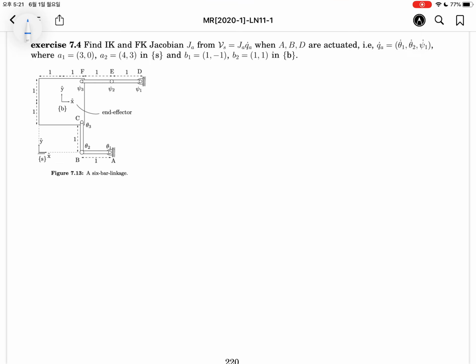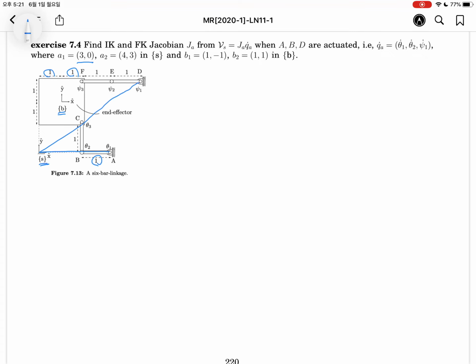Okay. This computation provides the numerical data. This is the space frame. This is the body frame. So the A1 vector is here. A1 vector will be 1 plus 1 plus 1, so 3, 0.